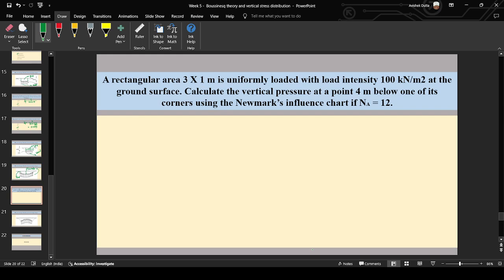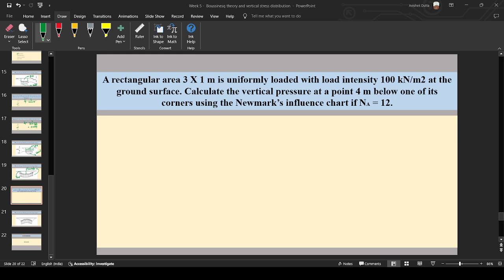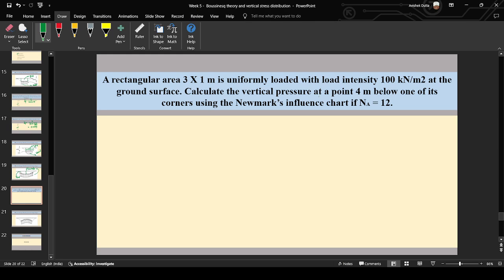Next question. Rectangular area of 3 by 1 meter with load intensity of 100, vertical pressure at a point 4 meter below one of its corners using the Newmark's influence chart. We can find out the geometry and do it, but we are told to use the Newmark's influence chart. NA is the number of area units under the loaded area.